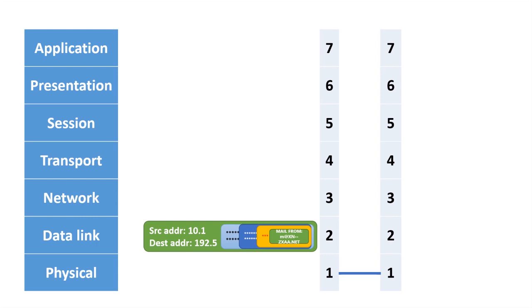On the data link layer, we are going to add a header. But the data link layer is special in the sense that we very often also add a footer. One of the major reasons why we may want to add a footer is that we may want to delineate this packet when we send it across the wire.